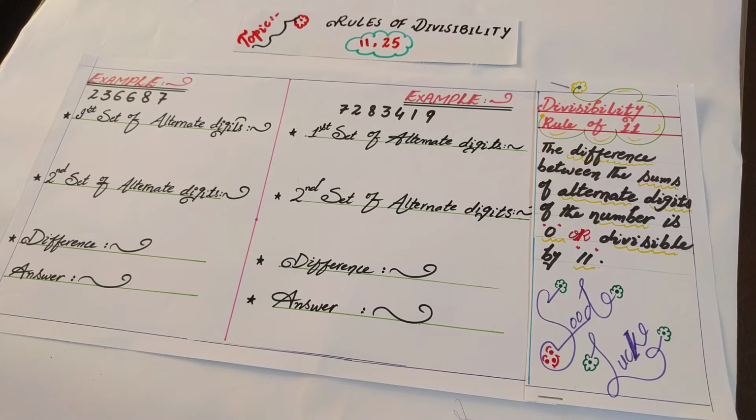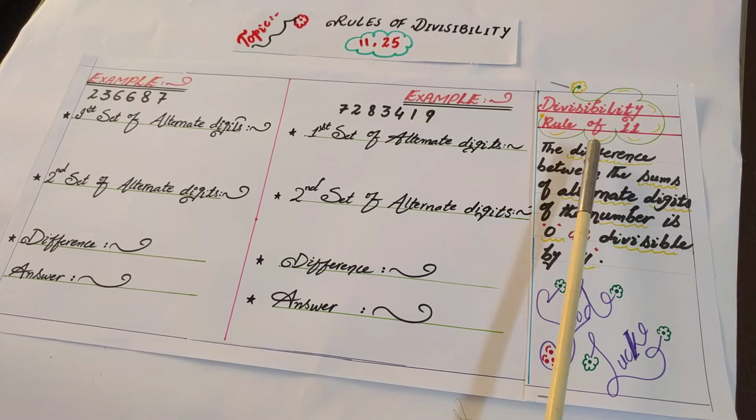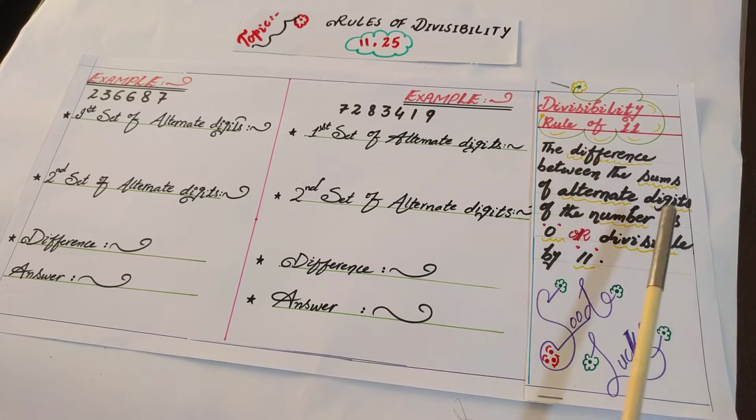Now here is a question, what is actually an alternate digit? Alternate digit means the digit one after the other. You will leave one digit and create the group of the alternate digits. After creating the groups, you will find the sum of those alternate digits, and then the difference of those two groups.